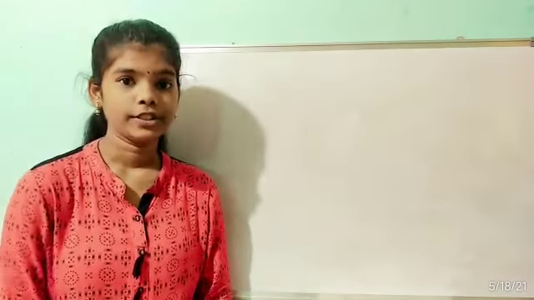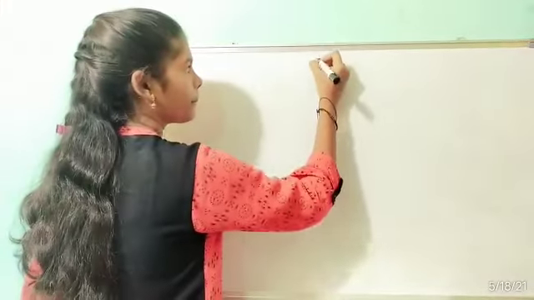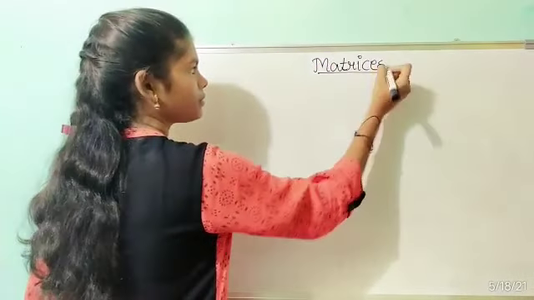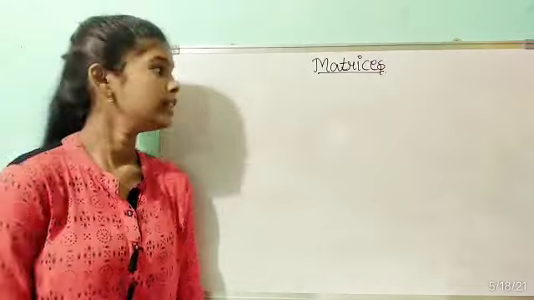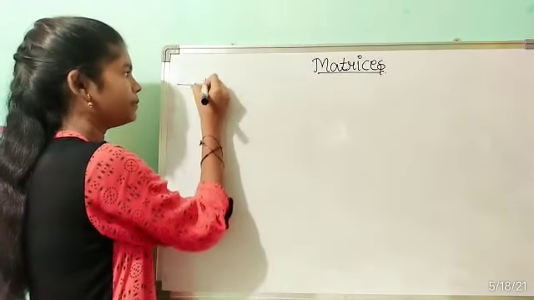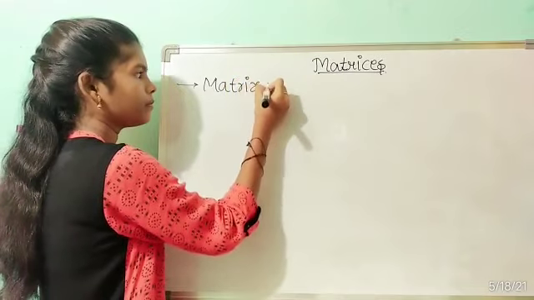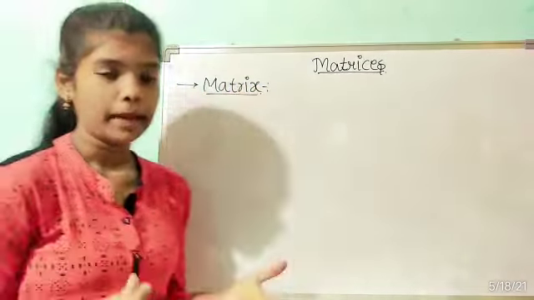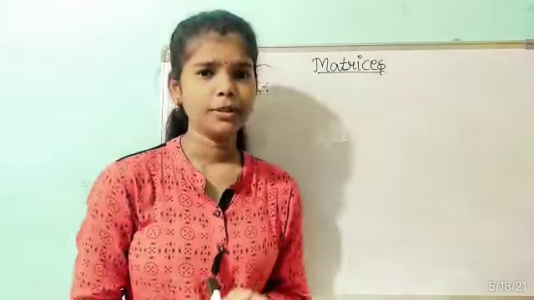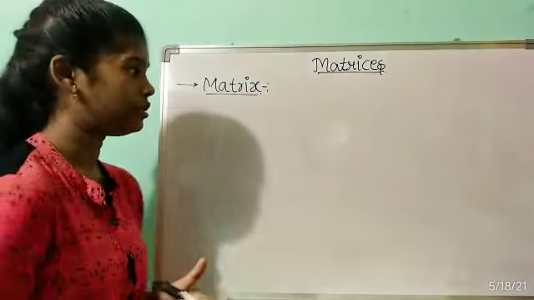Let's start with the first chapter, matrices. So, let's start with the definition. Generally, matrix means a rectangular arrangement of few numbers in columns and rows.